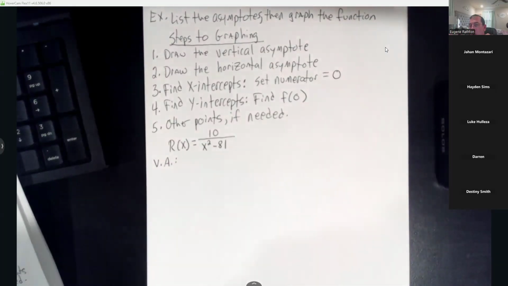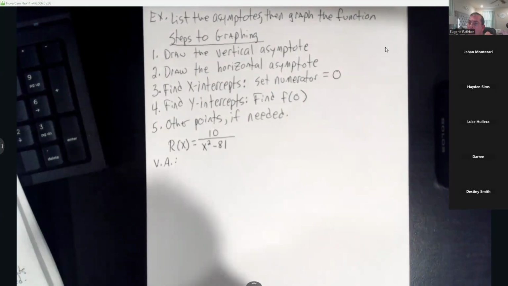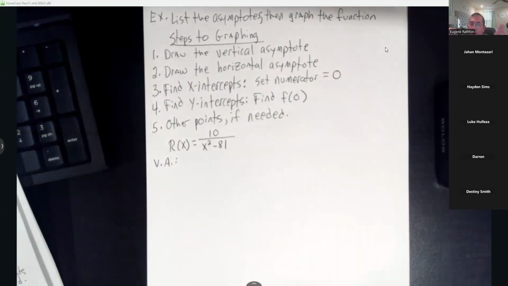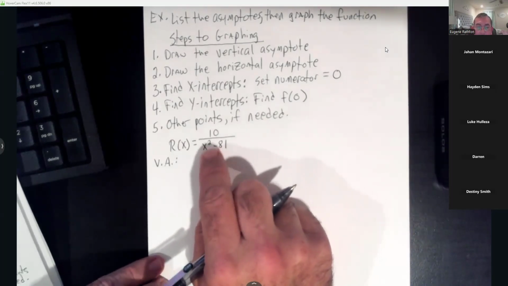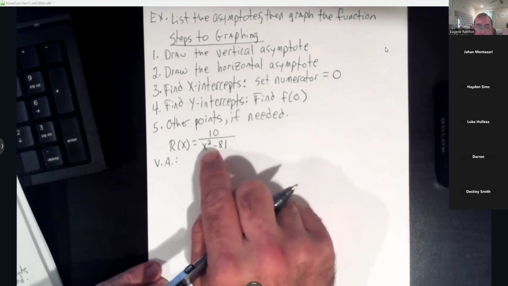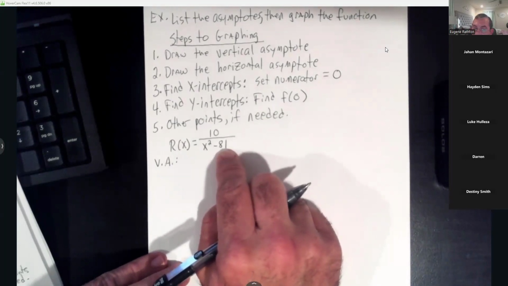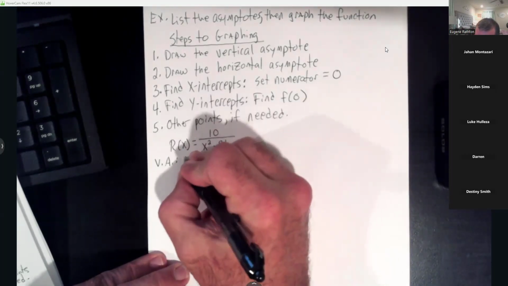Remember, a while ago I told you that a vertical asymptote occurs where the graph is undefined. So you find a vertical asymptote the same way you found your domain, because I'm looking at places that make this bottom 0. So to find a vertical asymptote, I'm going to take the denominator and set it equal to 0.